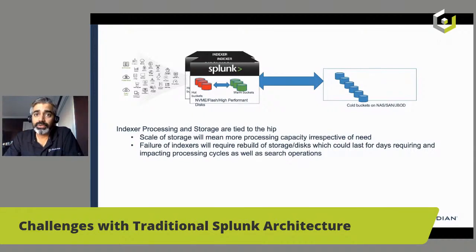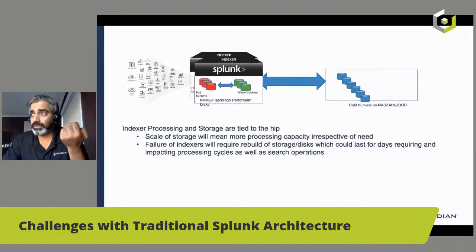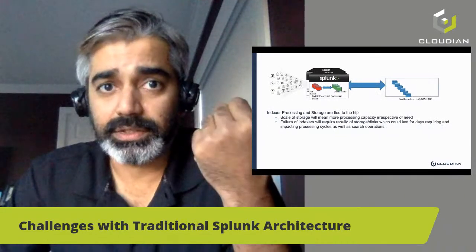As you scale storage, the processing capacity also needs to scale, irrespective of whether you need it or not. It also means that if an indexer fails, the storage data within that indexer has also failed and will need a rebuild. This can take a long time and impact processing as well as storage cycles.